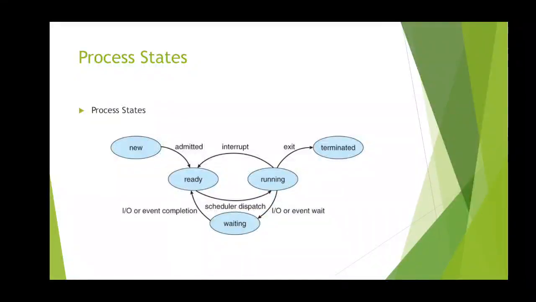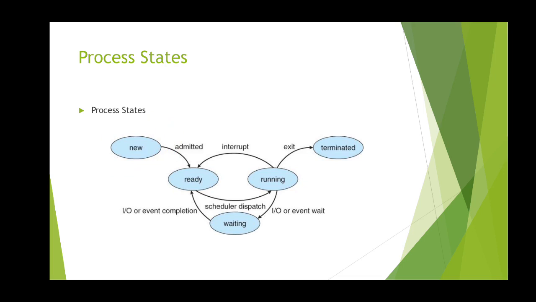Here you can see the state diagram of a process. Inside this state diagram, there are multiple states such as new state, ready state, waiting state, running state and terminated state. Depending on its status, the process can be in any of these states. If the process is just being created, the state of the process will be the new state.